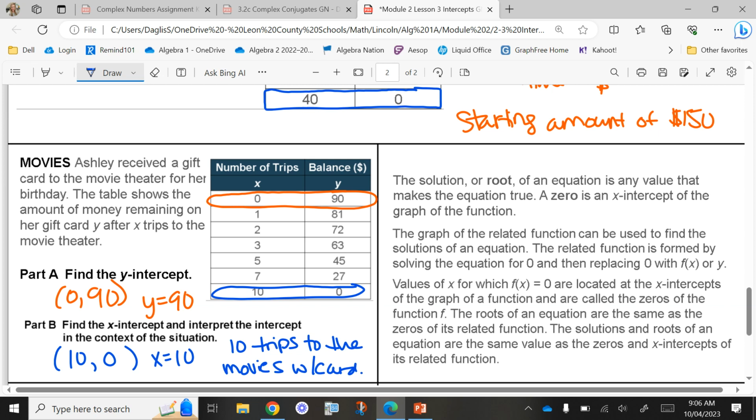The solution or a root of an equation is any value that makes the equation true. A 0 is an x-intercept of the graph of the function. The graph of the related function can be used to find the solutions of an equation. The related function is formed by solving the equation for 0 and then replacing y with f of x or y.